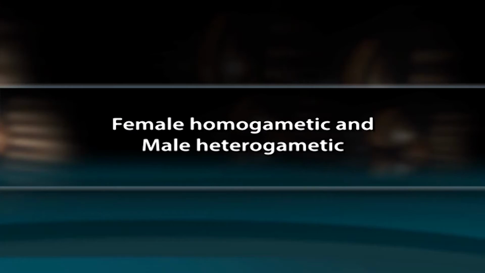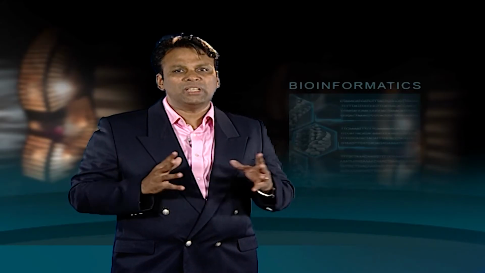The first pattern is female homogametic and male heterogametic. In this type of sex determination, the female is sexually homozygous or homogametic, having two X chromosomes. The male is sexually heterozygous or heterogametic, having X and Y chromosomes.